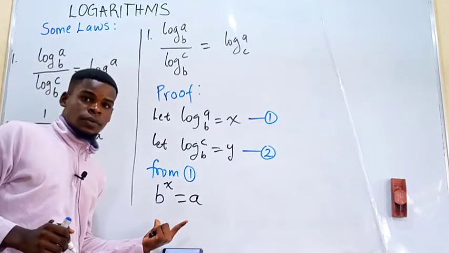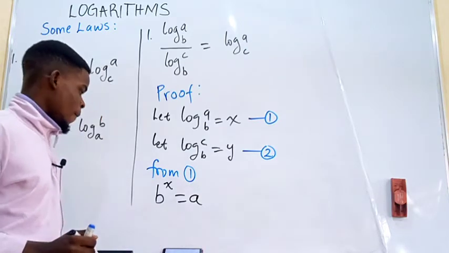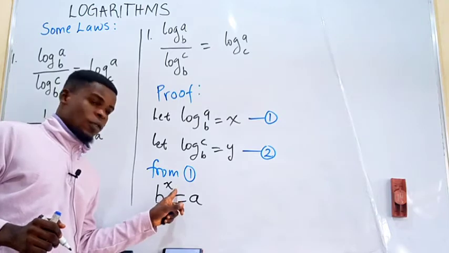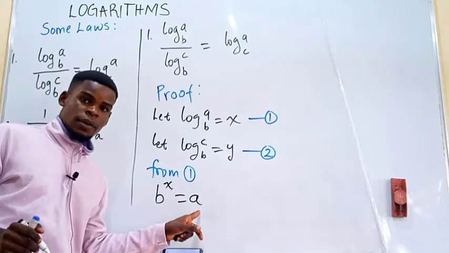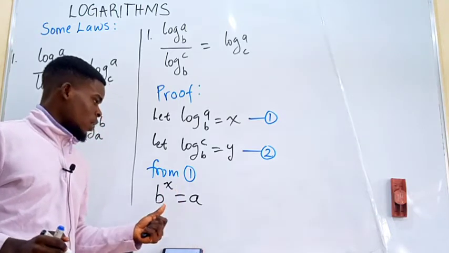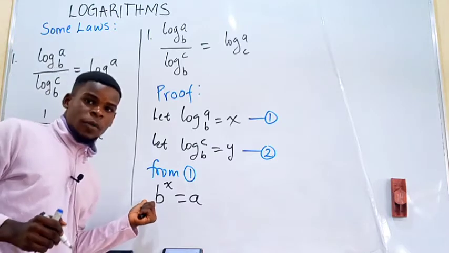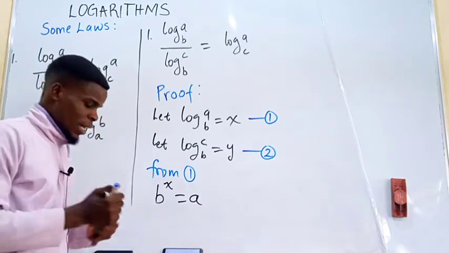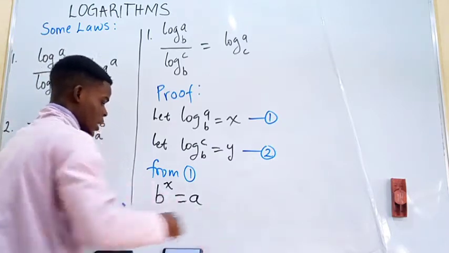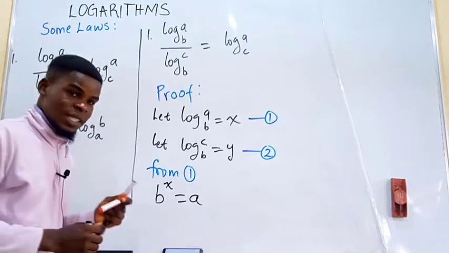So looking at this equation, b raised to the power of x is equal to a. What I would like to do here is take the logarithm to base c of both sides. So let's take the logarithm to base c of both sides.